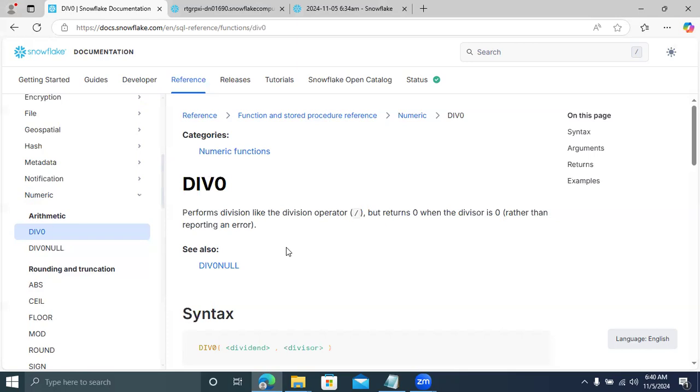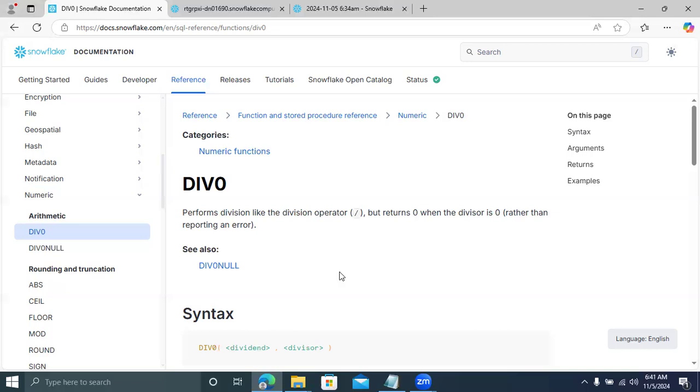In mathematical terms, if the divisor is 0, we would say it's infinity. But what this div0 will do is, if the divisor is 0, it will give the output as 0. It won't throw any kind of error. That's what the div0 function is.